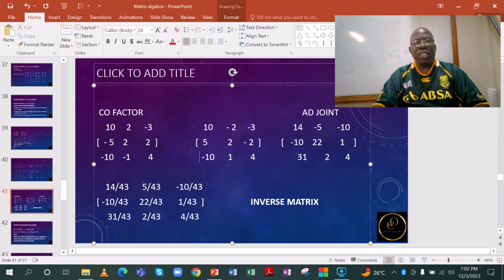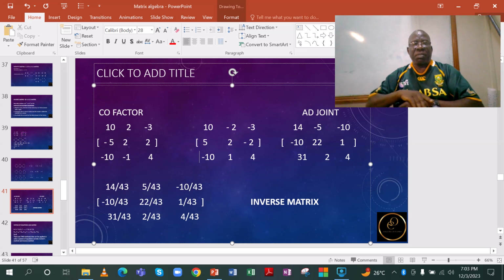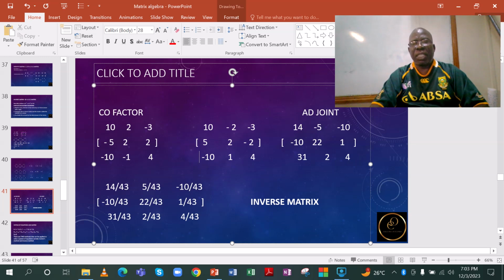Then this 4 is in row 3, column 3, positive, so it remains positive. Positive times positive. Okay, so now we have the cofactors, that is minors with signs assigned to them.